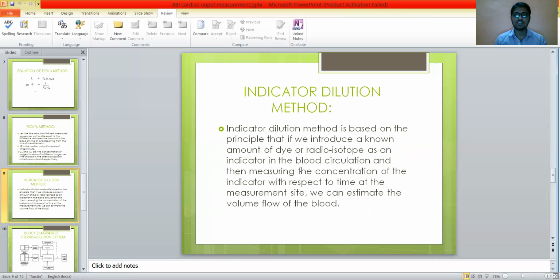Then by measuring the concentration of the indicator with respect to time at the measurement site, we can estimate the flow of the blood. As it dissolves in blood, the concentration of the dye or radioisotope decreases as it moves with the flow of the blood.